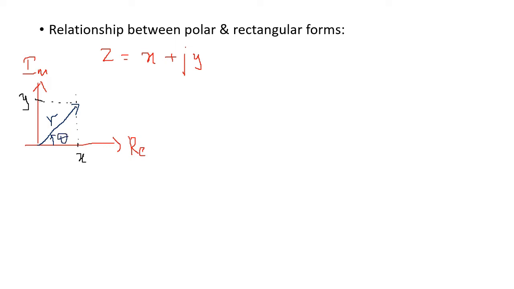Now from our complex number, the values x and y are given. So now let's find the value for r. To find r, we can use the equation r equal to square root of, this one is a right angle triangle, so r will be square root of x square plus y square.